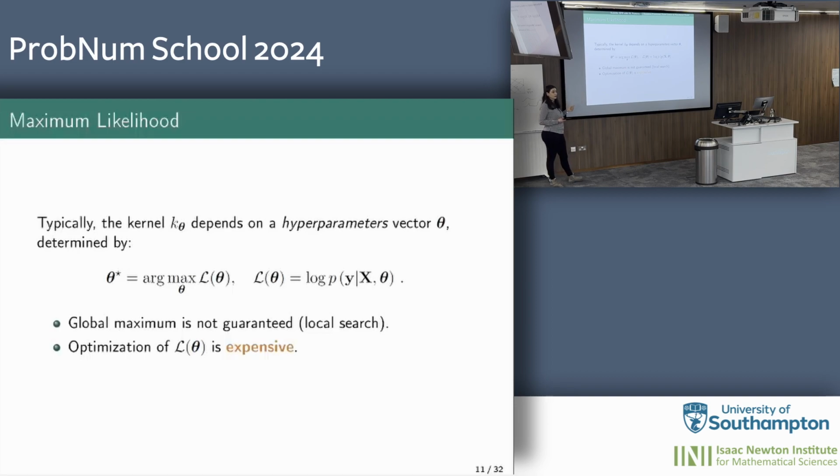First, you don't have a guaranteed global optimizer point. And second, already in the formulas for the likelihood itself, you have all these expensive computations for the inverse. So nothing here is trivial to me, as someone who's doing numerical analysis.